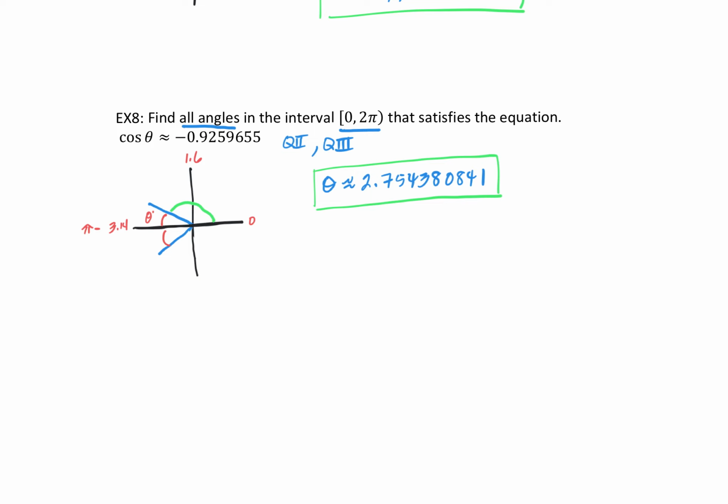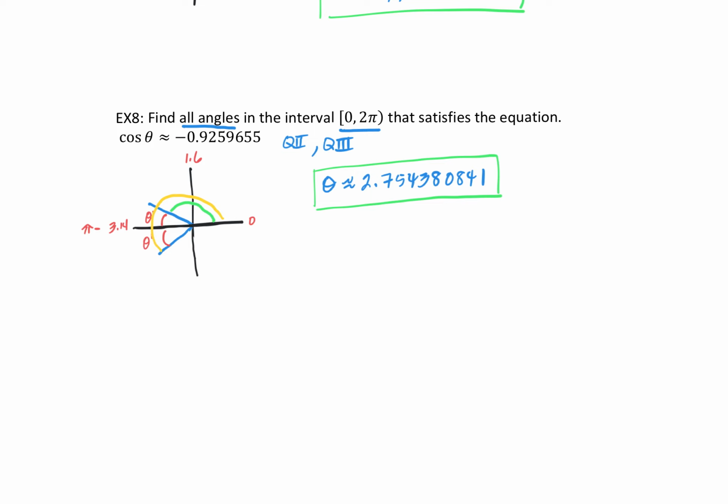So since these values are the same, if I took pi and I added that reference angle, that would give me this second angle here that goes all the way around to quadrant 3.